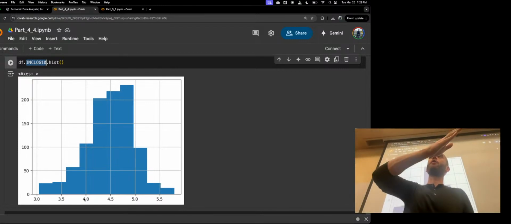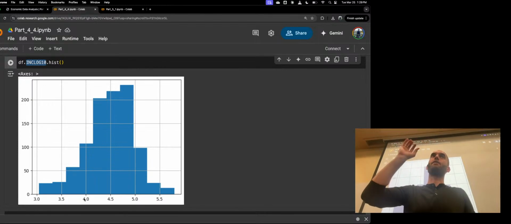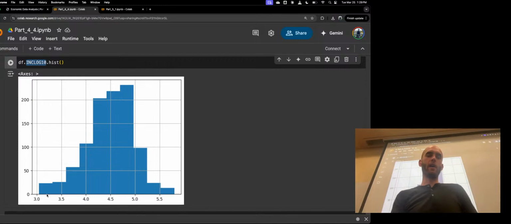So one increment on the horizontal axis, because it's a log 10, is 10 times larger. So if your income is 3, log income is 3. That's 1/10 of the income at log income 4. And that is 1/10 of the income at log income 5, and so on.